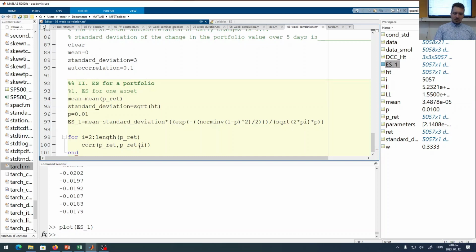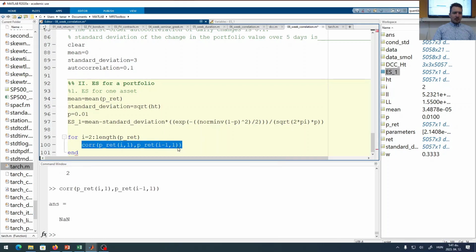So i minus 1 and i. Why none? It's a valid number. Yeah, because I need intervals. Yeah, sorry.